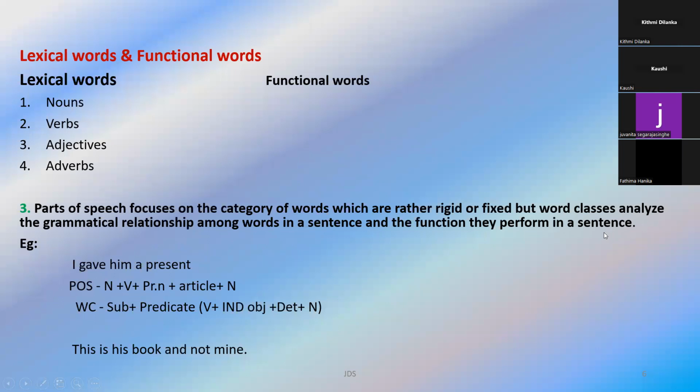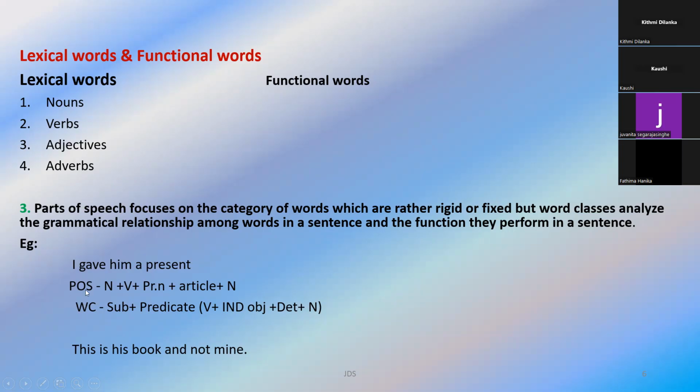But when it comes to the modern point of view, the modern grammarians don't have a very fixed or rigid classification, but word classes means modern view. The grammarians move on to analyze the relationship among the words in a sentence.